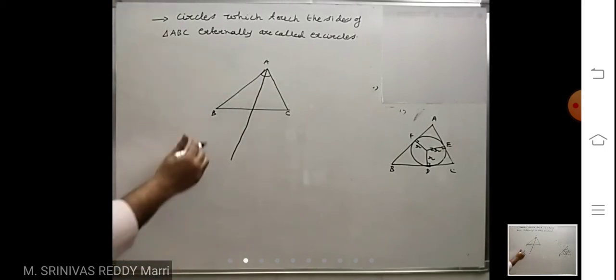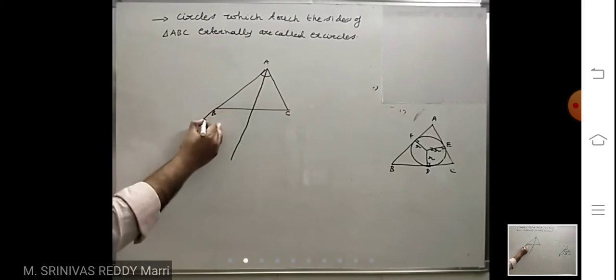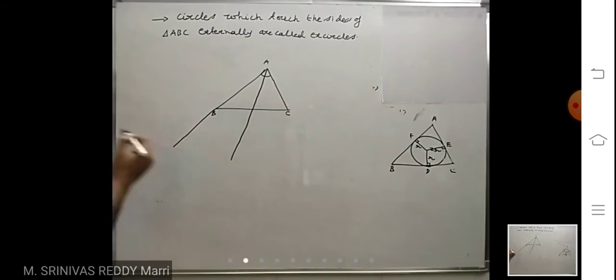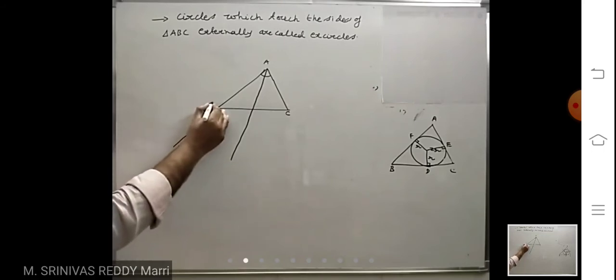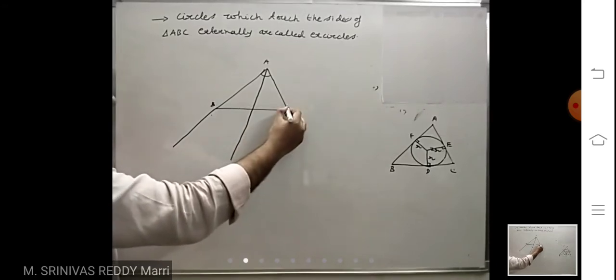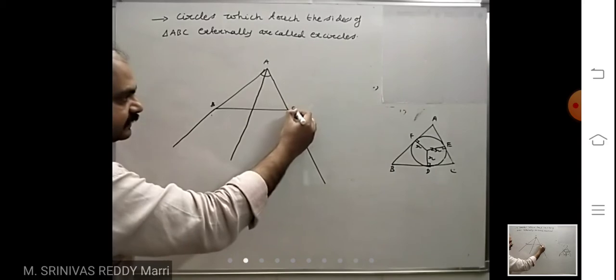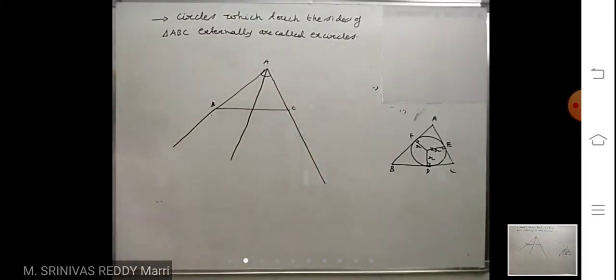Right? Now look at, I am drawing the line which is the external bisector of angle B. Look at, I am extending this side. I am extending the side AC. This is the extended side. Right?